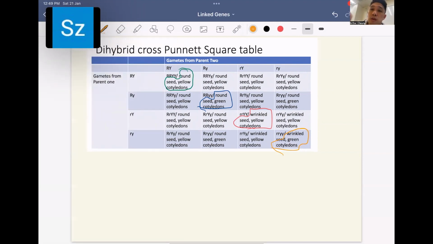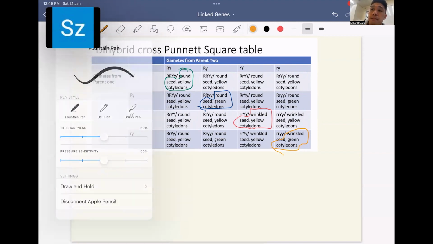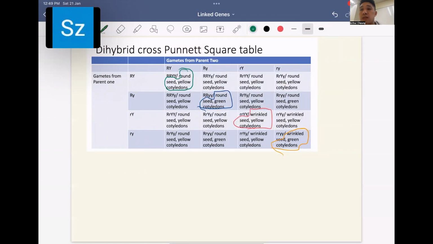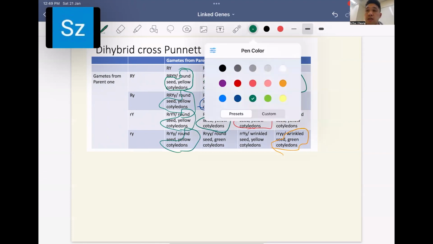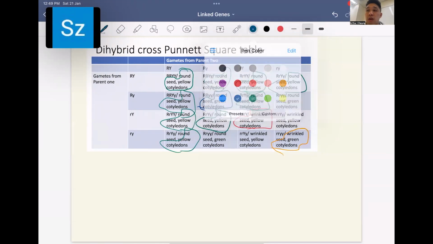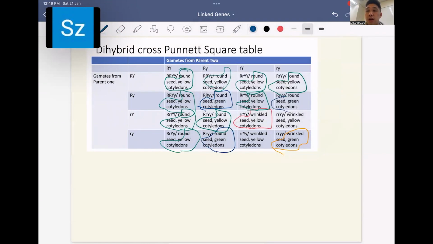For the round seed yellow cotyledons, there are 1, 2, 3, 4, 5, 6, 7, 8, and 9. While for the round seed green cotyledons, there are 1, 2, just 3.